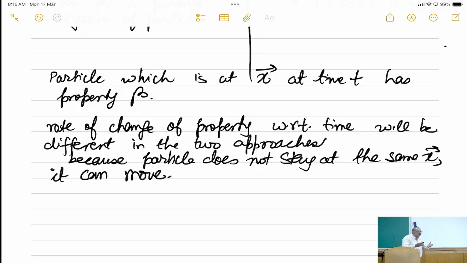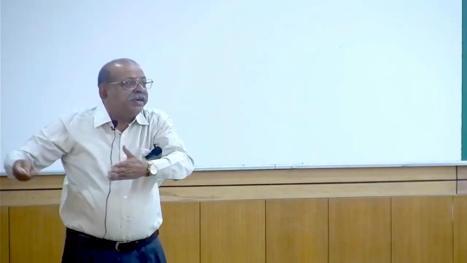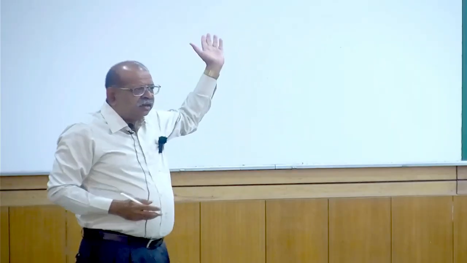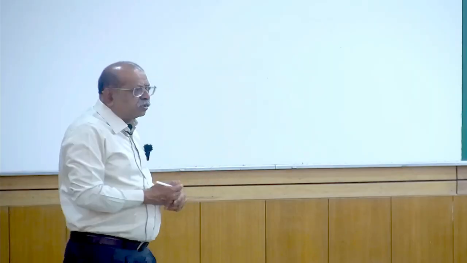The reason why the rate of change of properties will be different is that the particle does not stay at the same x. It keeps on moving, and once it moves, then it will have the field property at that point, at that time. So therefore, the two will be different, and we will see how to relate these two. How to relate the two derivatives with respect to time will follow soon.